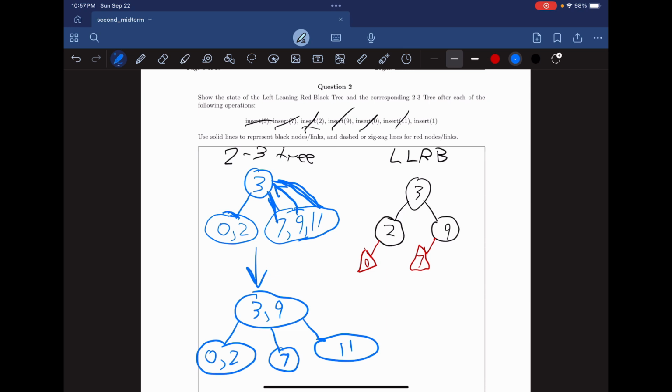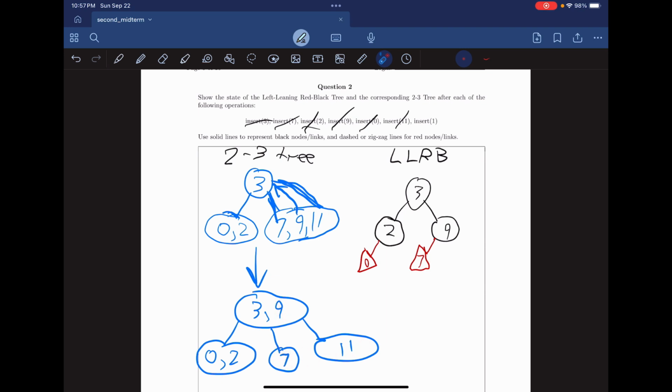If you're ever worried that your tree does not abide by the correct laws of 2-3 trees, just go ahead and look at it again and make sure, in general, the keys should always be the values in between the children. So what I mean by that is that the 3 and the 9 here are keys, such that the 3 should be greater than all the values over here, but less than the values over here.